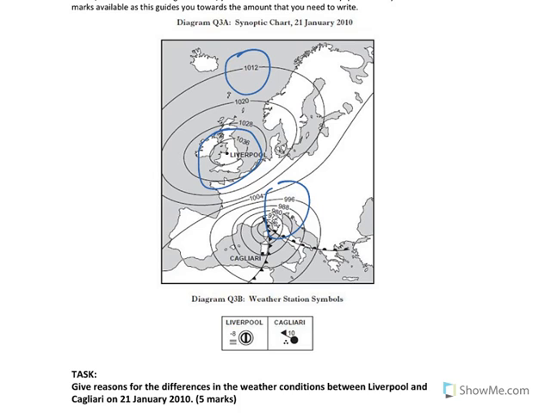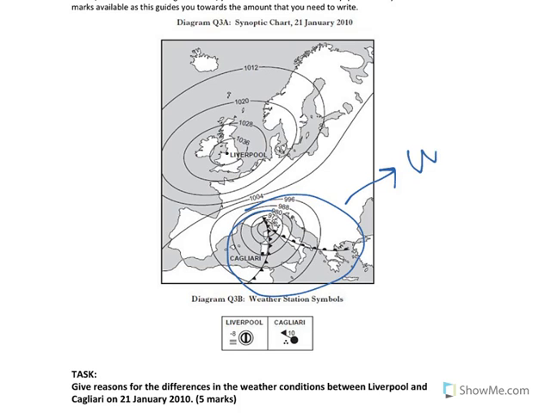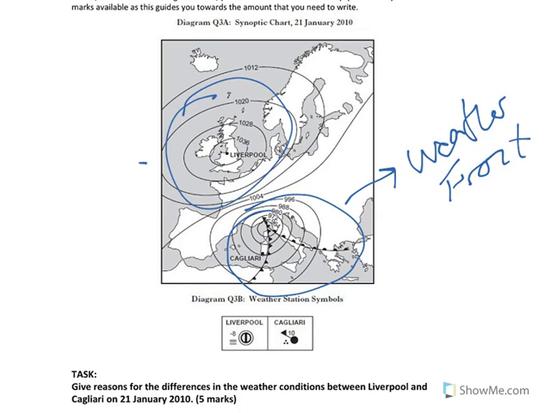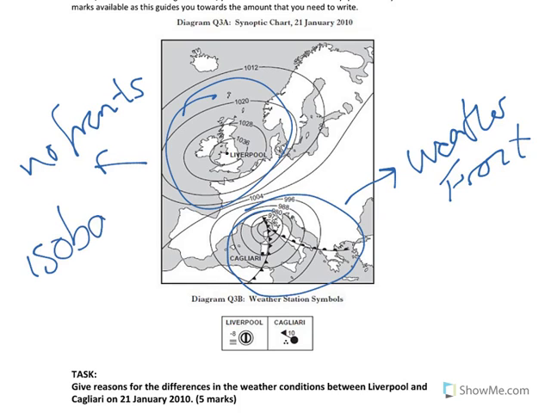You are also going to want to be talking about the fact that there seem to be weather fronts in the area around Cagliari, but around Liverpool there are no fronts. So your knowledge of isobars, which obviously show you air pressure, and your knowledge of weather fronts are the keys to answering this question.